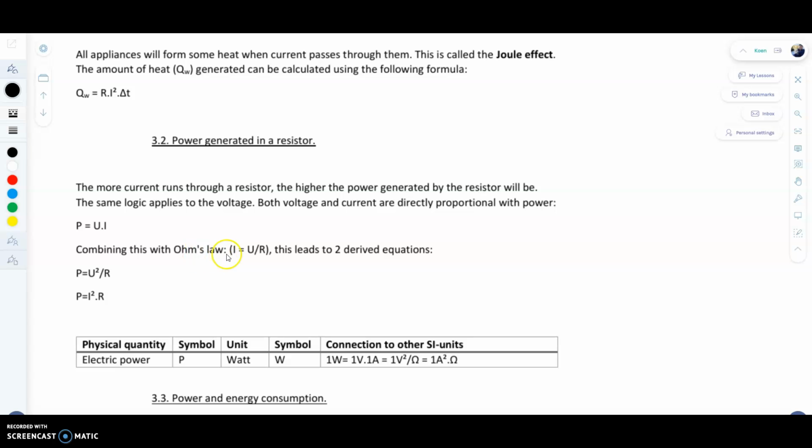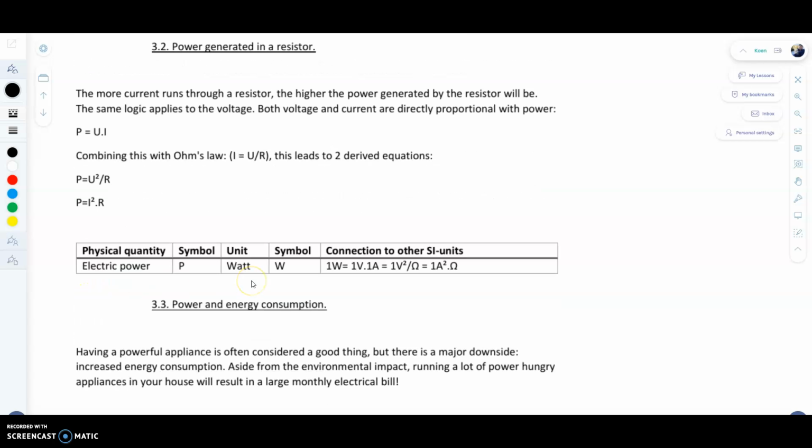If you combine this with Ohm's law, for instance, by replacing current by voltage divided by resistance, you get voltage squared divided by resistance. Or if you swap out voltage for the multiplication of current times resistance, you can say that the power is amperage current squared times resistance in this case.